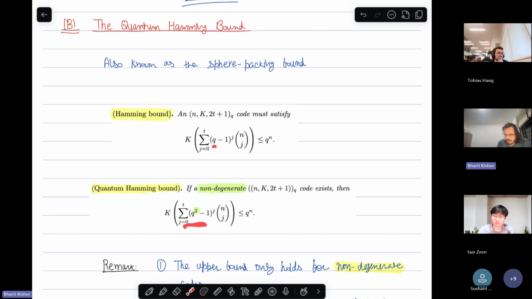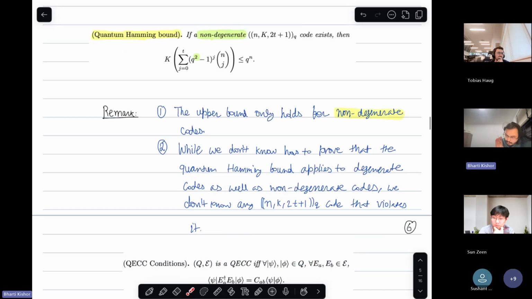But for q equal to 2 in the quantum case, you have 3 errors. So the difference of 2 that's coming in the quantum case is because of the number of ways in which errors can occur in the quantum world. Maybe you can just remember that there is a factor of 2 difference, but this time it's sitting in the power.